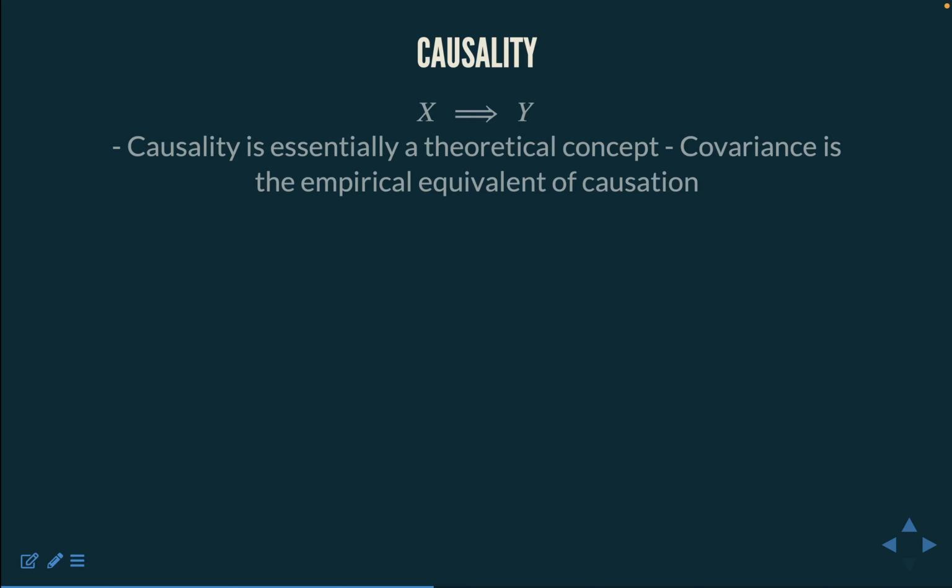Causality is essentially a theoretical concept, a hypothesis that is impossible to verify empirically. Perhaps the best we can do is to note the covariations together with the temporal sequences.